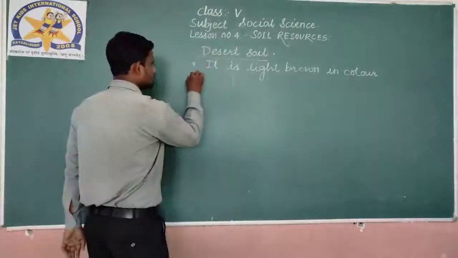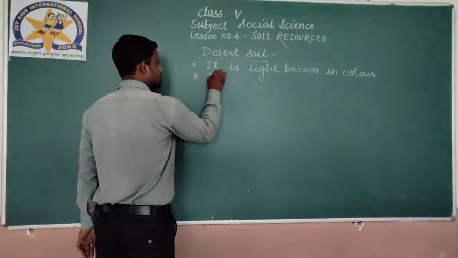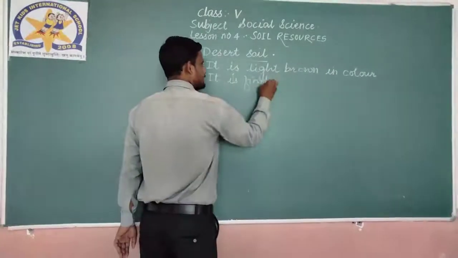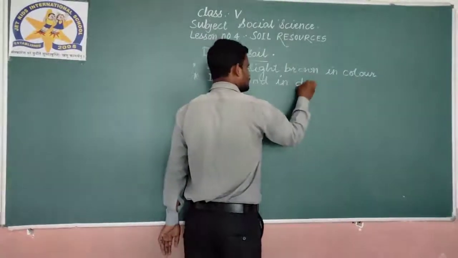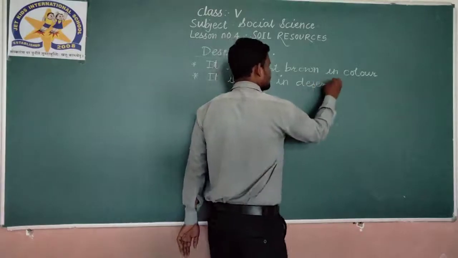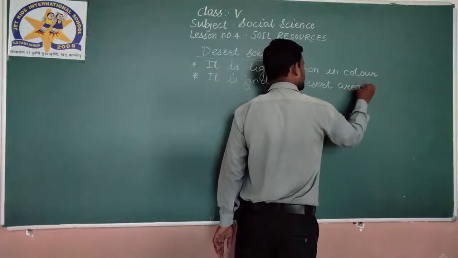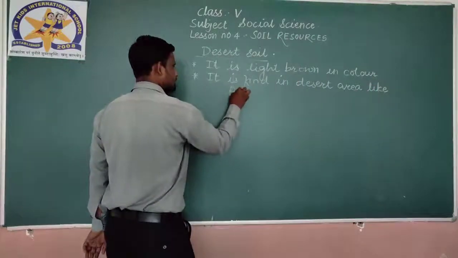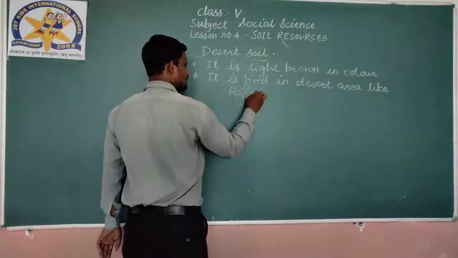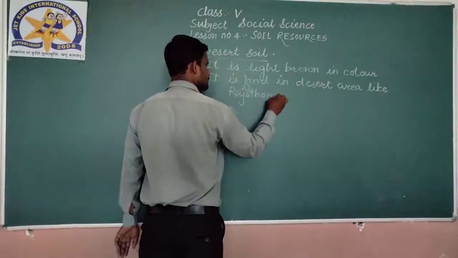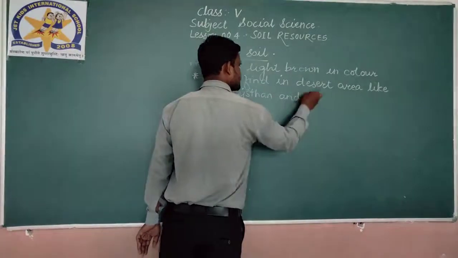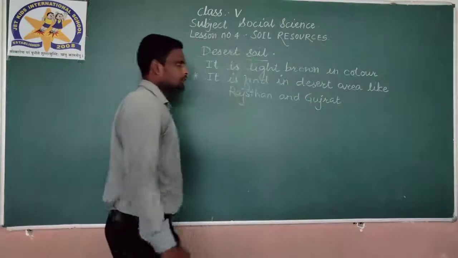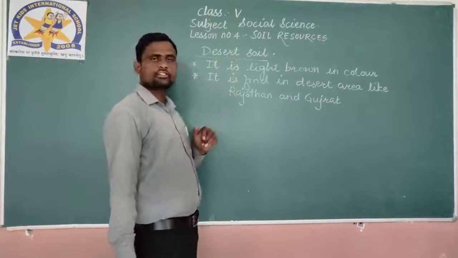After that, it is found in desert areas like Rajasthan and Gujarat. Means these are the two states where we get this desert soil.